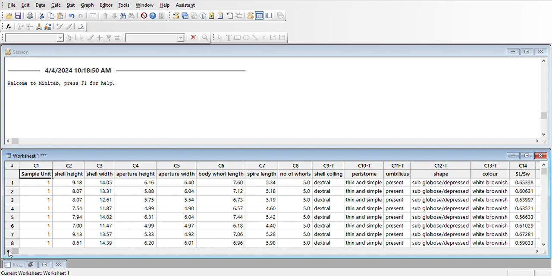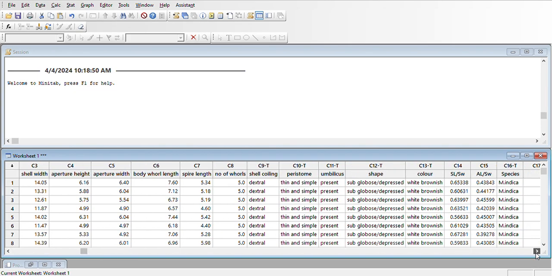using our tools. So these are the different characters of the gastropods: shell height, shell width, aperture width, body whorl length, spire length, number of whorls, shell coiling, peristome, umbilicus, shape, color. Then we have a very important ratio which is generally considered for the identification sake, that is shell length over shell width and aperture length over shell width, on the basis of which we have identified our species.